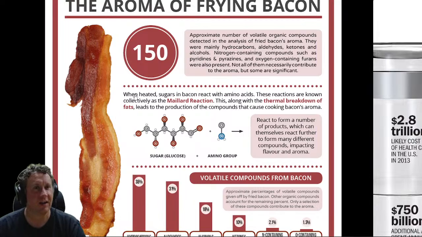Science writing is a whole other challenge. This one: approximate number of volatile organic compounds detected in the analysis of fried bacon's aroma, mainly hydrocarbons, aldehydes, ketones, and alcohols. I think I'm pronouncing those right. So it's telling us in very simple terms what the breakdown is. And so this is sort of the introduction.